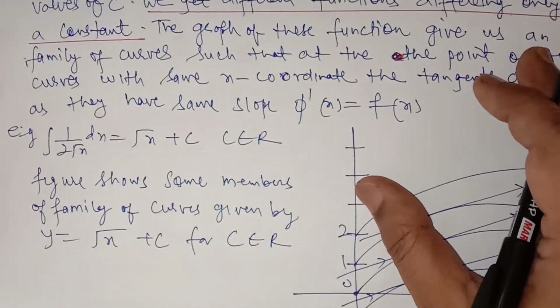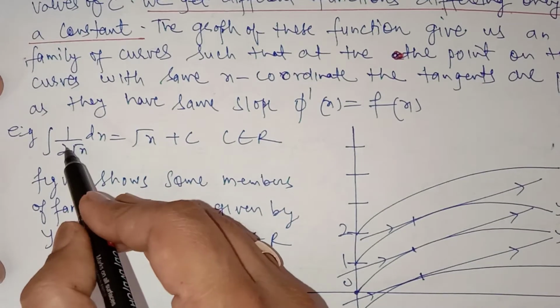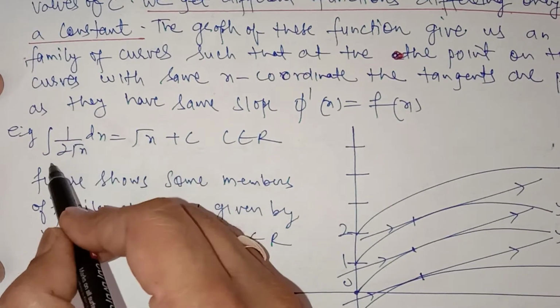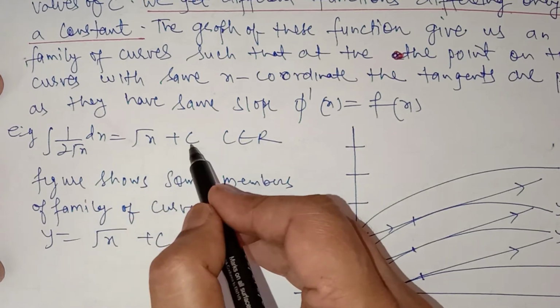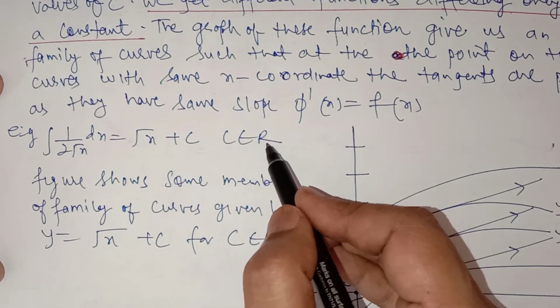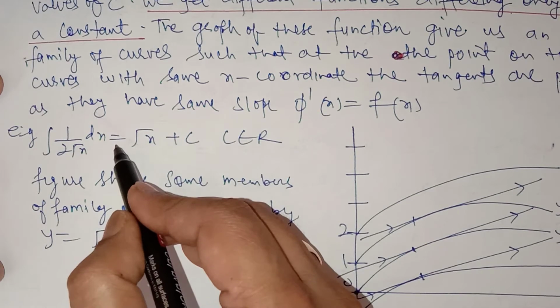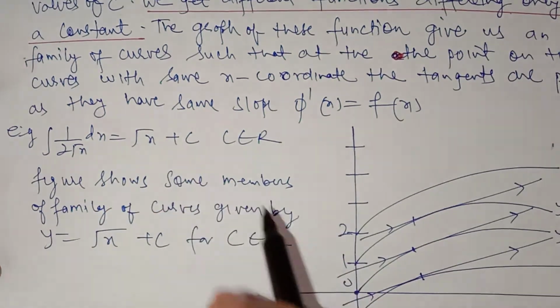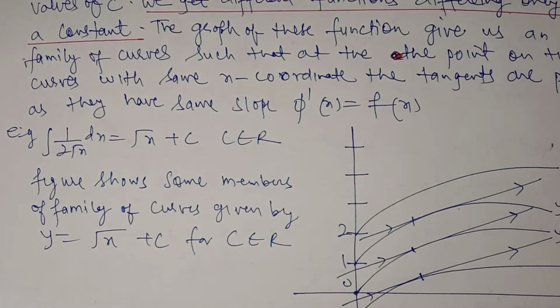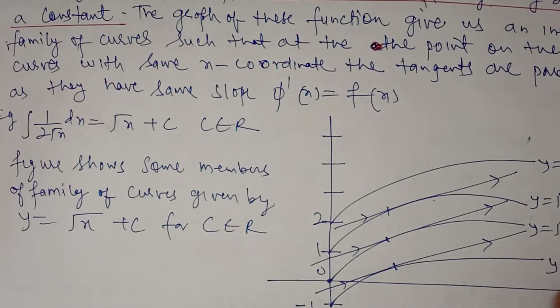I'm taking an example. Let's take the integration of 1 upon root x with respect to x. It will be 2 root x plus c, where c is any real number. Now this is a parabola. Why is it a parabola?